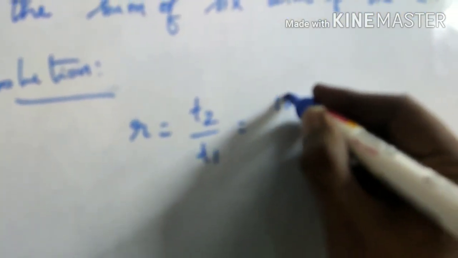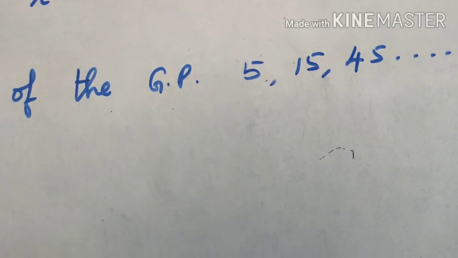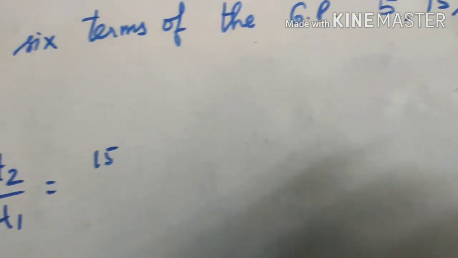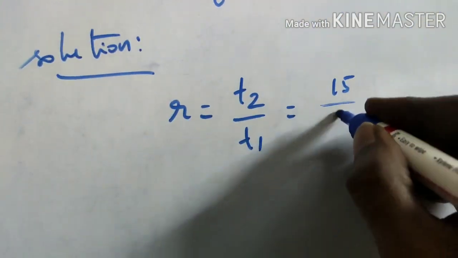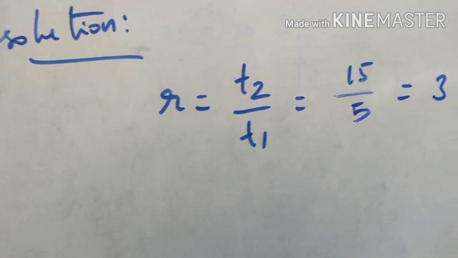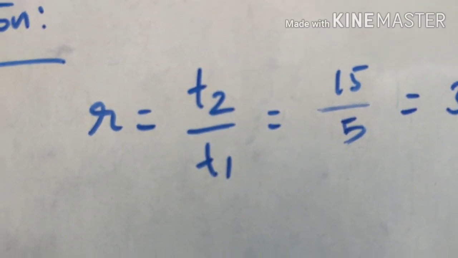The common ratio formula is T2 by T1. What is T2? 15. So 15 by 5, T2 by T1, equal to 3. So 3 is greater than 1.